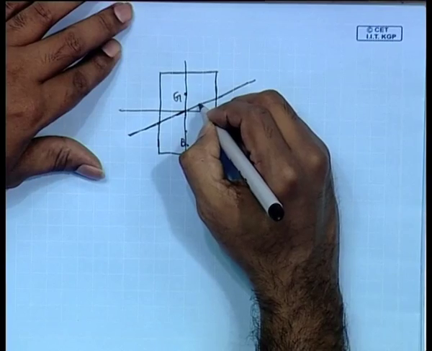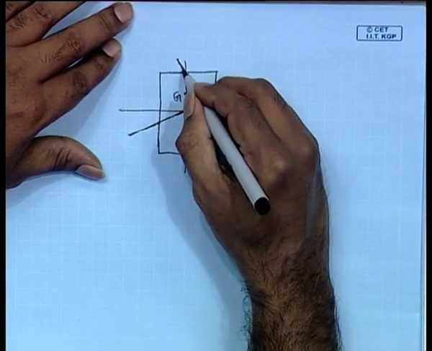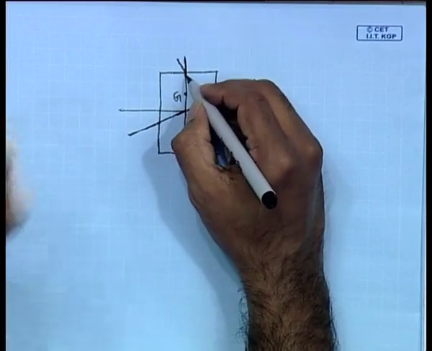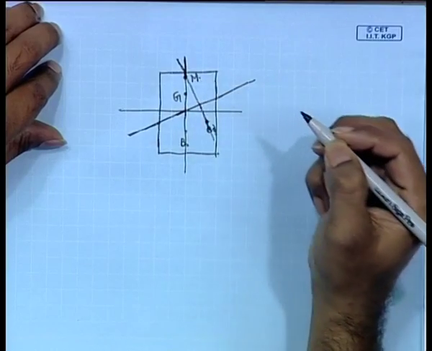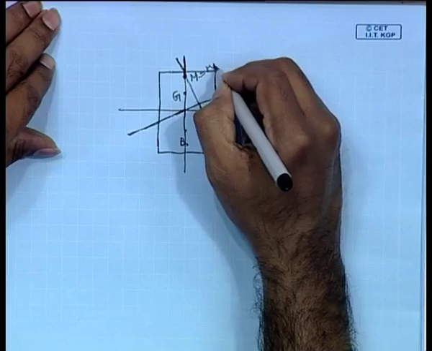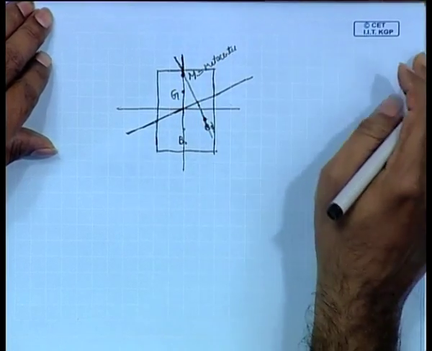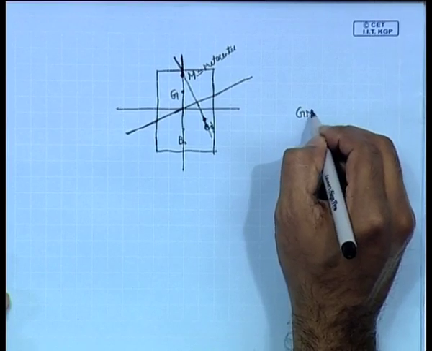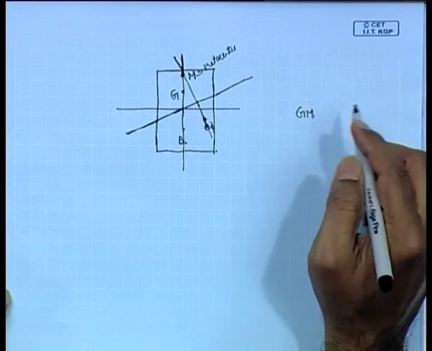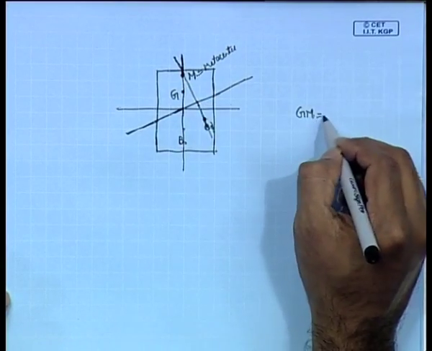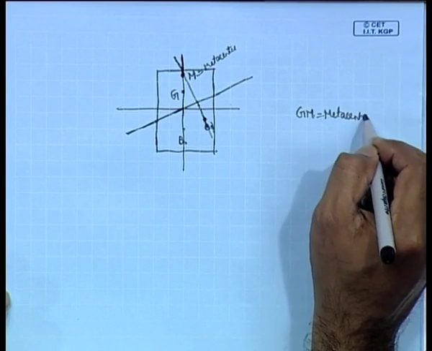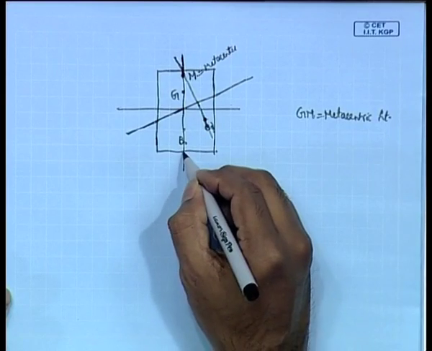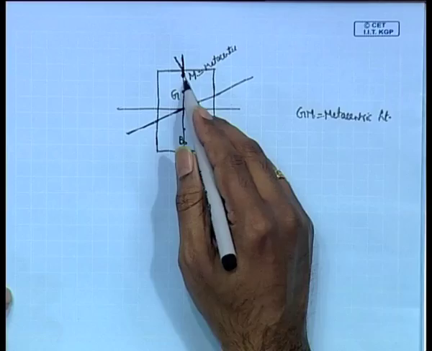Where this line meets this, this point we call the metacenter M, and GM is known as the metacentric height.